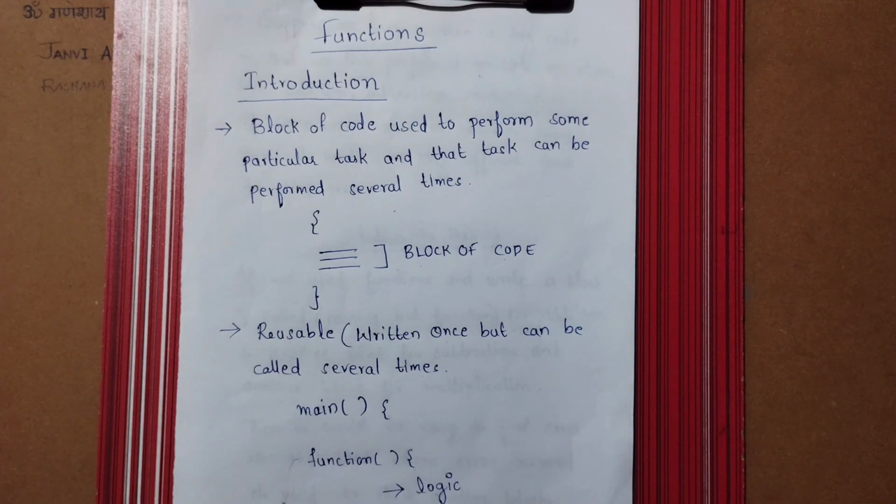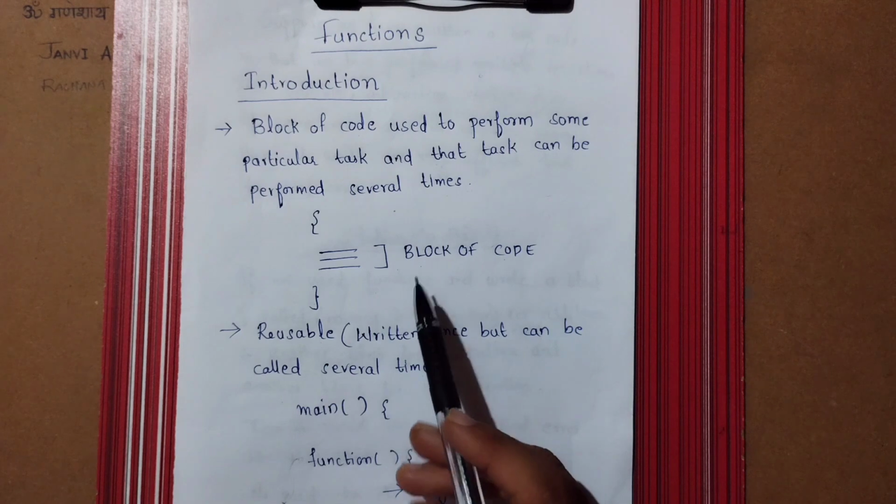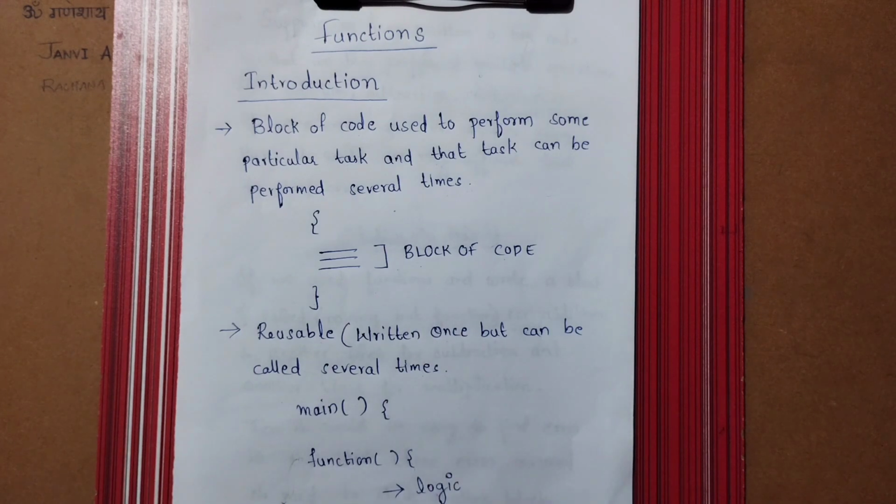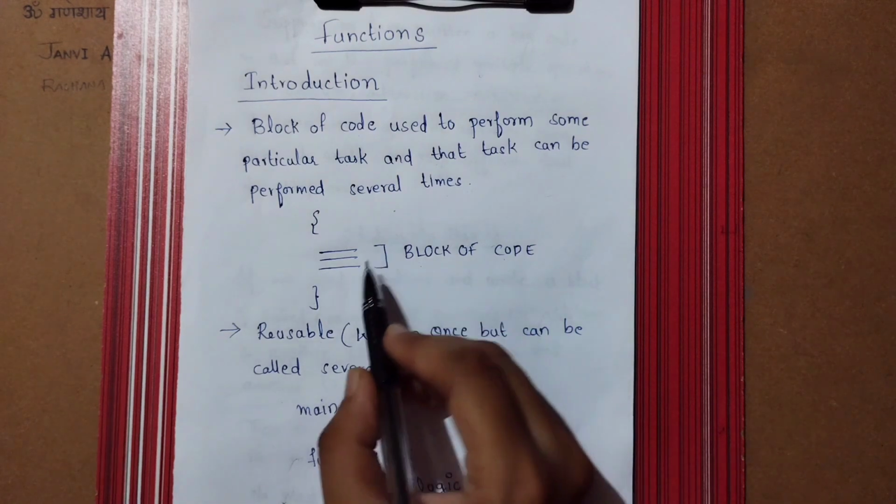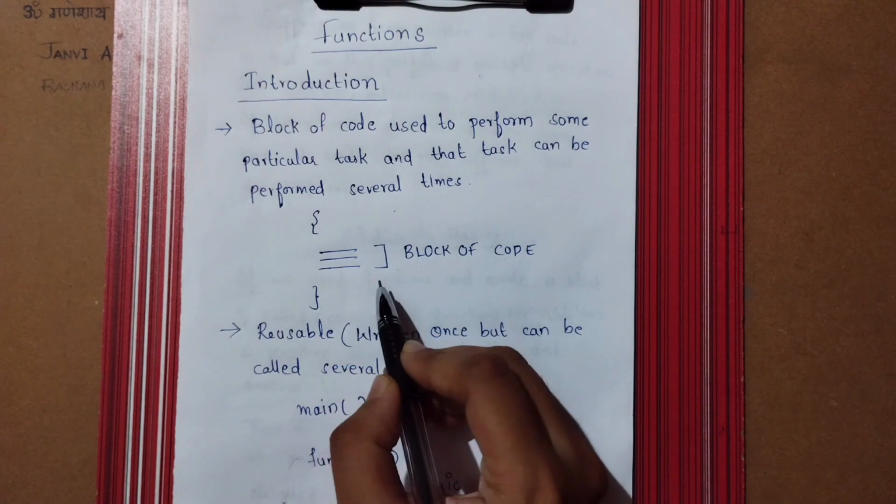When I say write a code, you'll be writing it for only one input, right? But when we implement functions, you can perform this task any number of times, like performing addition of two numbers 100 times by calling this block of code.